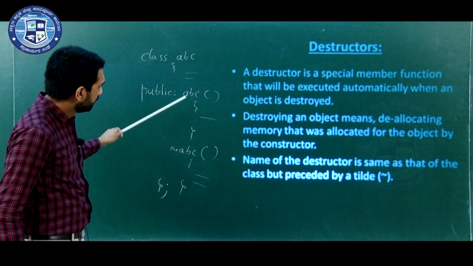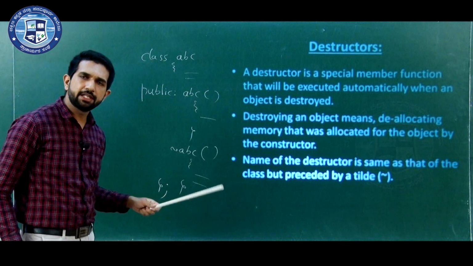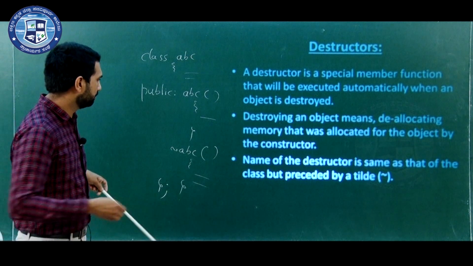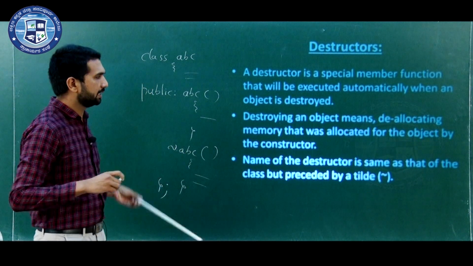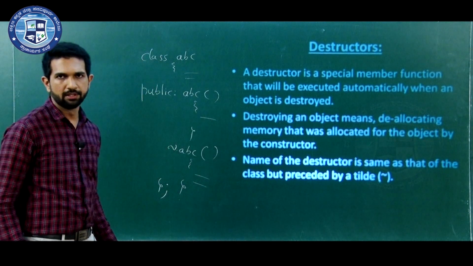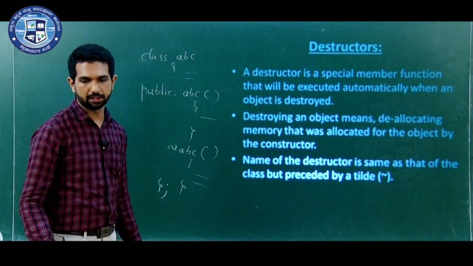So whatever we will supply, that same syntax you can write for destructor also, but preceded by a tilde symbol. You can see the tilde symbol, we will write like this, that will indicate a destructor.